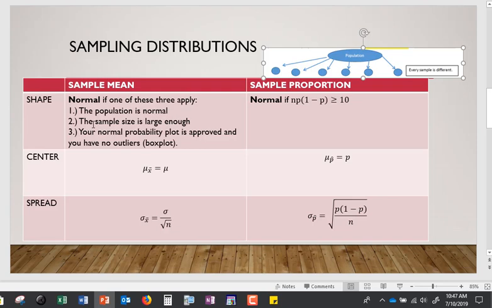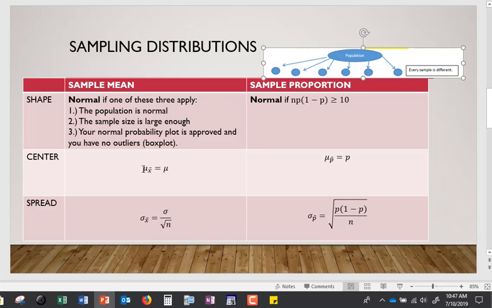Large enough depends on your textbook and your class. Our textbook says 30 is large enough. Other textbooks say 40, 45, some say 25. Or if you have the actual data, you create a normal probability plot, and if all of your data looks approximately linear and you don't have any outliers, you can use that as evidence to say that this distribution is approximately normal. Only one of these three has to apply.